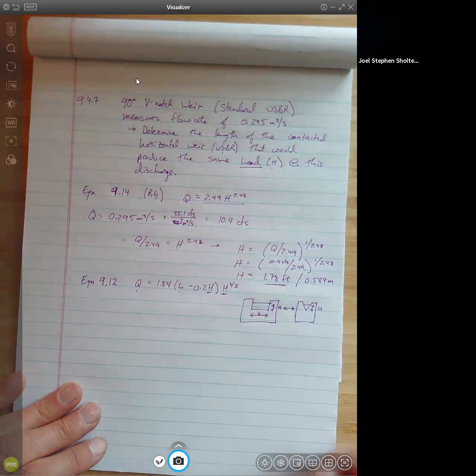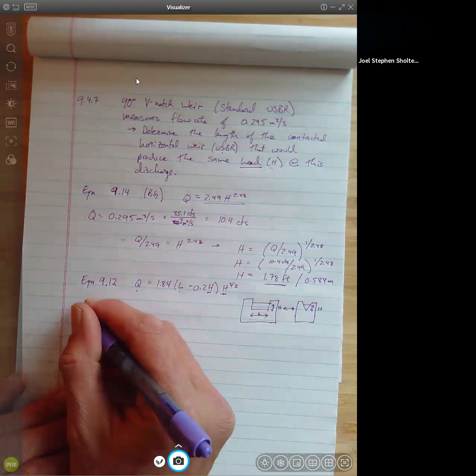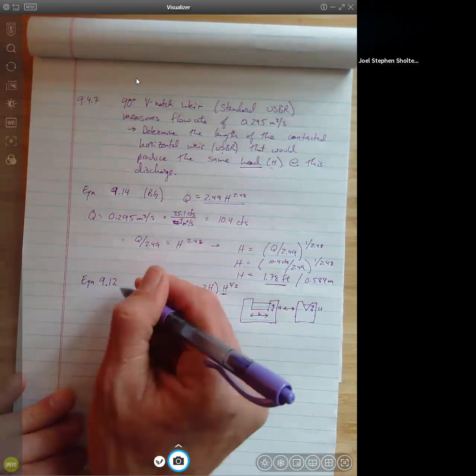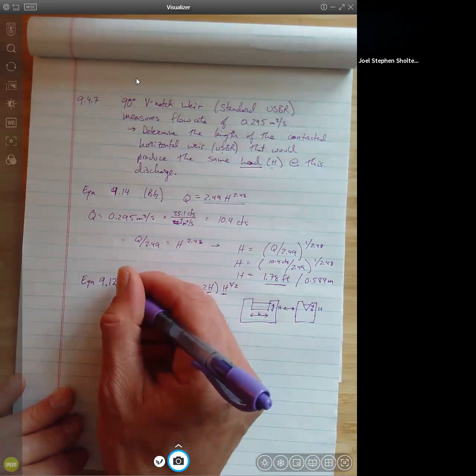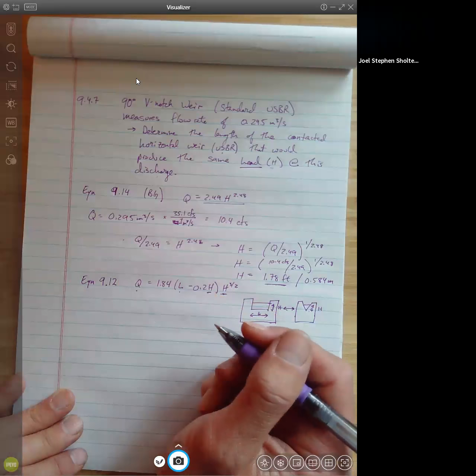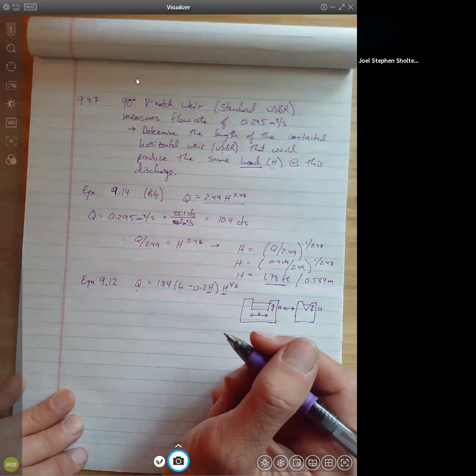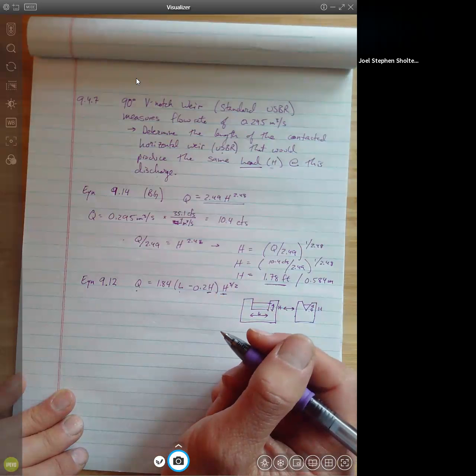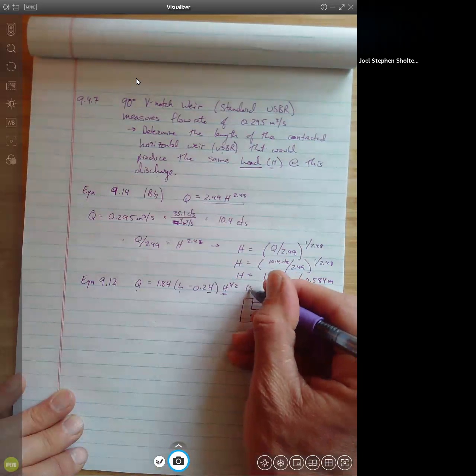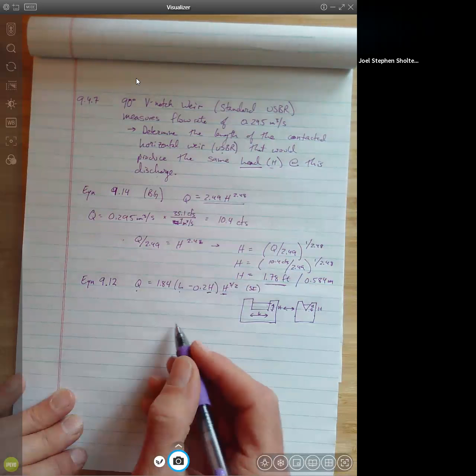Again, this is equation 9.12, and this is SI units, so we just have to keep track of which units we're using.